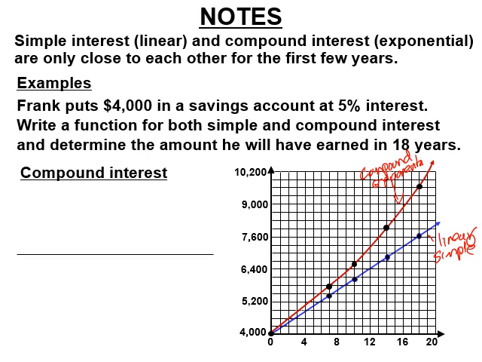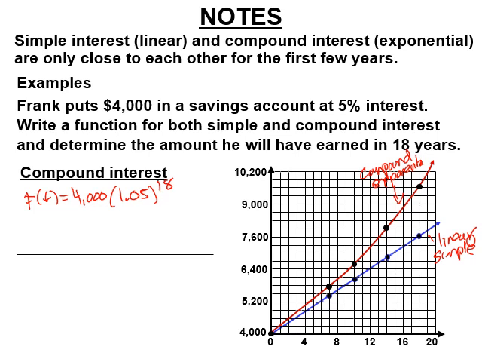All right, so let's do the compound interest. It's exponential if it's compound. So it's f of t, starting with that same 4,000, getting our 5%, and now it's 18 years later. Let's see the difference.